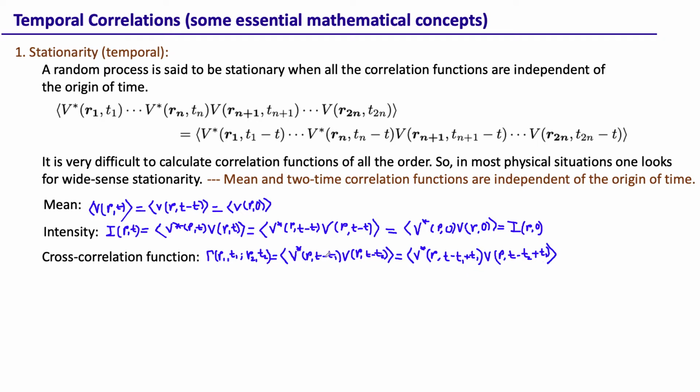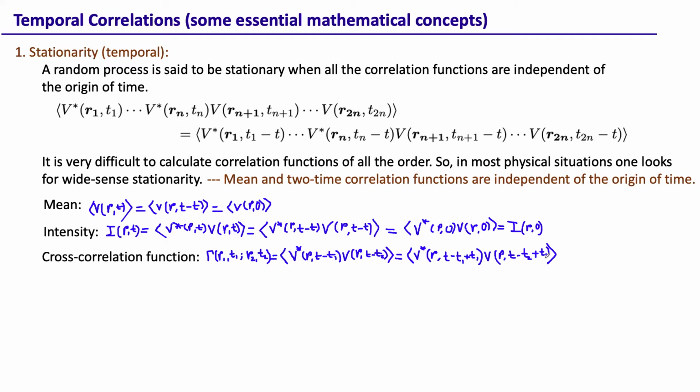So here I have added plus T1 in this one and again plus T1 in this one. It should not matter at all as long as it is the same quantity being subtracted or added.